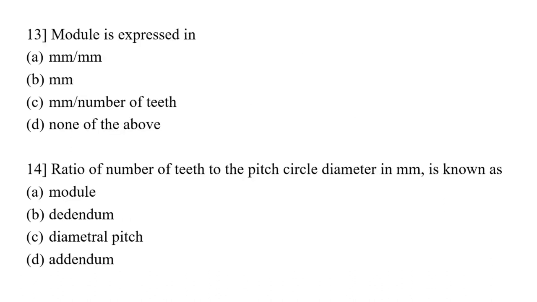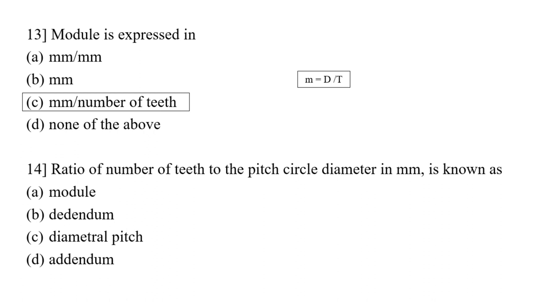Next, module is expressed in. Just now we have seen m is equal to d by t, where d is the pitch circle diameter in mm and t is the number of teeth. Therefore the correct option will be C, mm per number of teeth. Next question: the ratio of number of teeth to the pitch circle diameter in mm is known as.